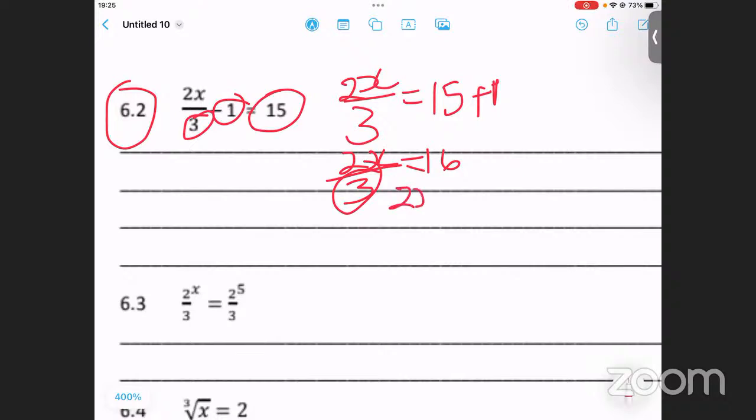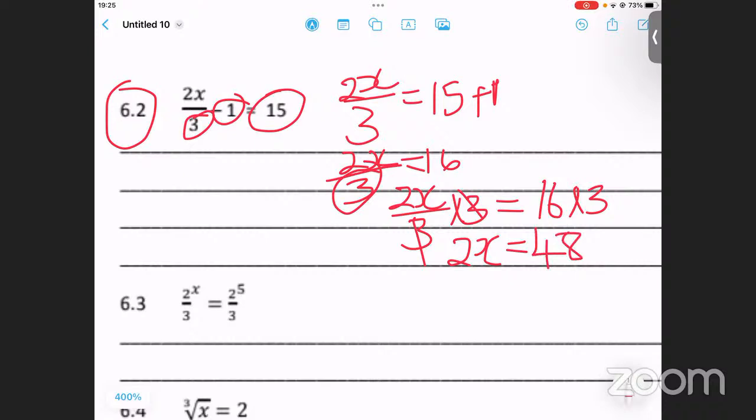So we're going to have 2x divided by 3 multiplied by 3 is equal to 16 multiplied by 3. All right? So this 3 is going to cancel this one. So we're going to be left with 2x equals 16 times 3. Let's see. It's 48.